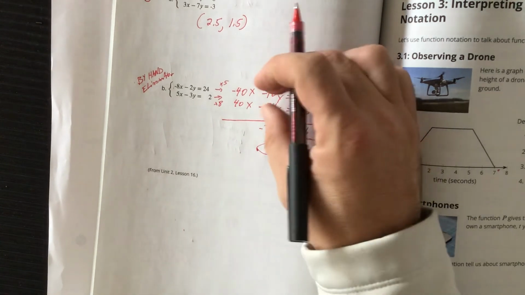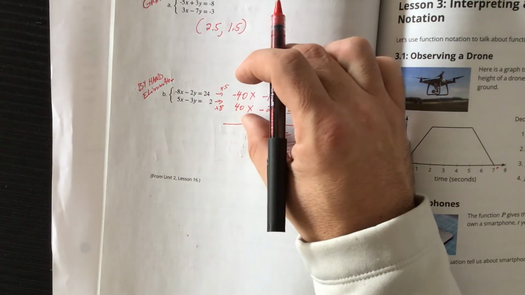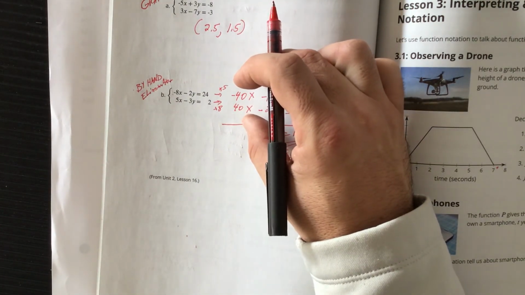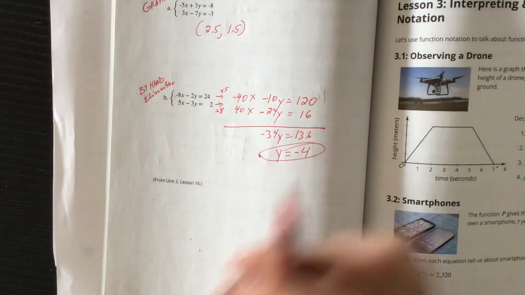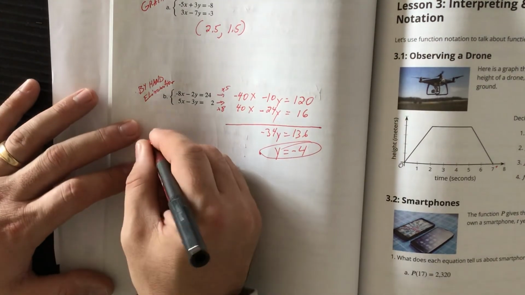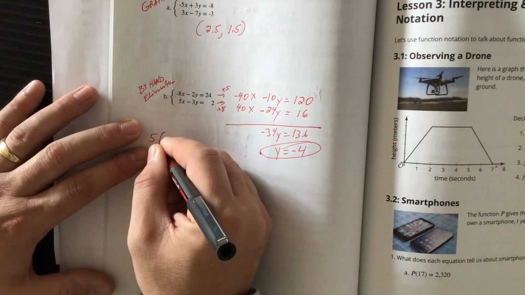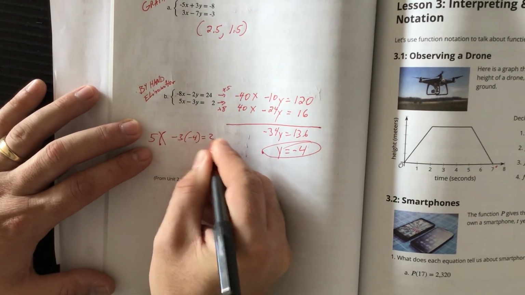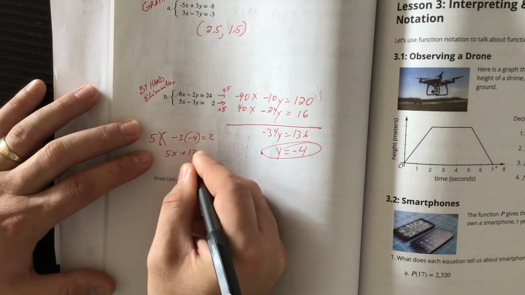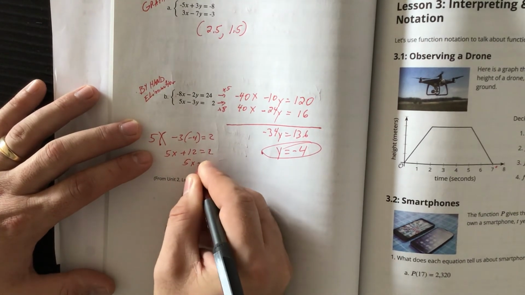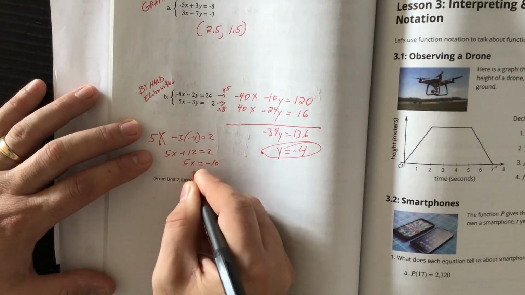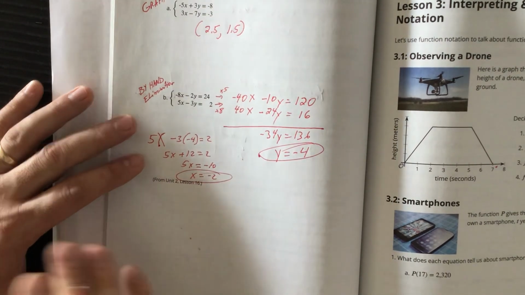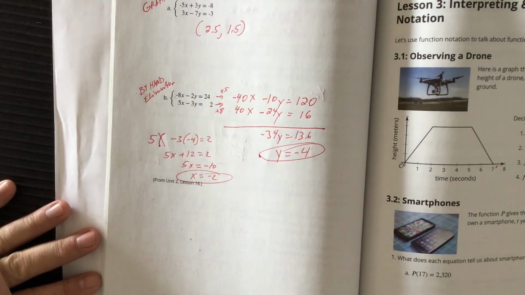Remember, I'm adding them together because these are different signs. Add, add, add. I got 9.7. Plug it back in. I'm going to plug it back into the bottom one here. So 5x plus 12 equals 2. 5x equals negative 10. X equals negative 2. The answer should be negative 2, negative 4.